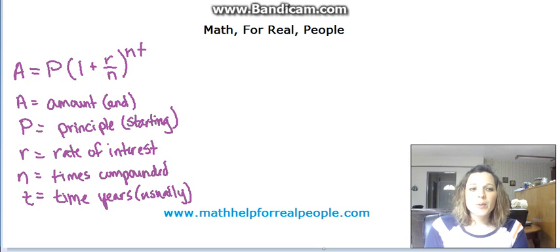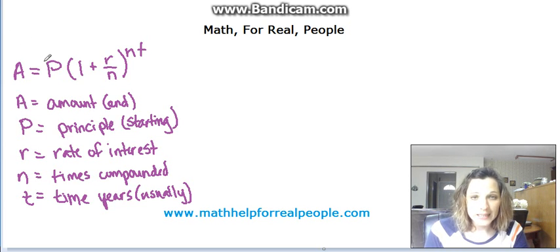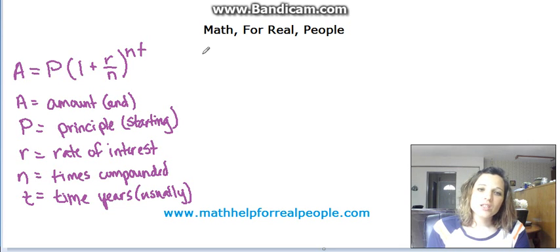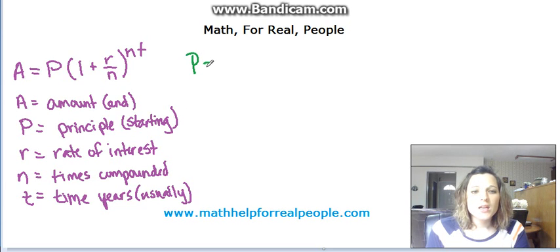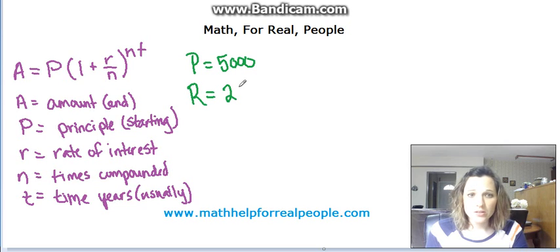So now let's talk about plugging things in. I don't know my end amount usually. And if you did, you could plug it in and use your algebra that you know to solve for it. If not, let's just look at this one and say that we're going to be given a starting value. So let's say our principal amount is $5,000. And let's say our interest rate, let's talk about a credit card or something where they say 22%.